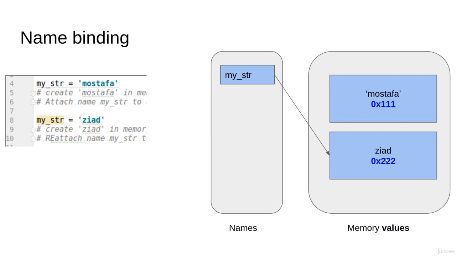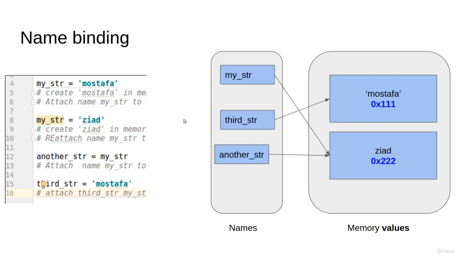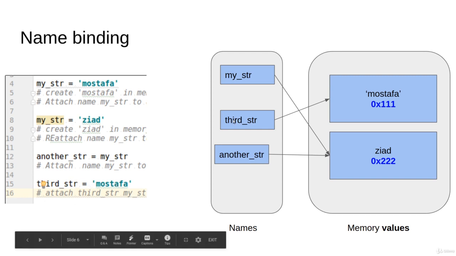Ziad will be created in memory, and my_str is attached to Ziad. After that, we defined another_str to equal my_str, so another_str will be attached to Ziad. Observe, we have two variable names pointing to the same location, or two names attached to the same memory value. Finally, we assigned third_str to Mustafa, so third_str will be attached to Mustafa.